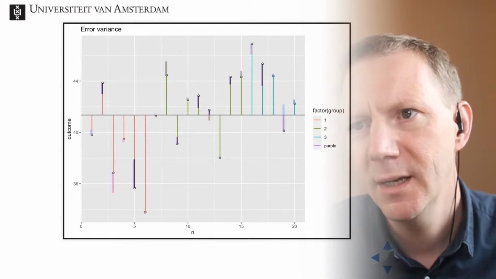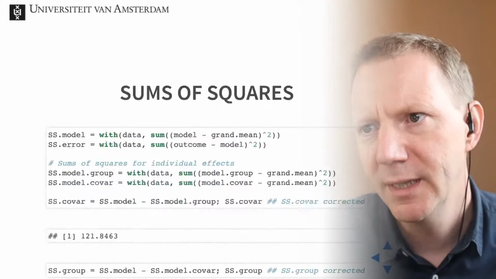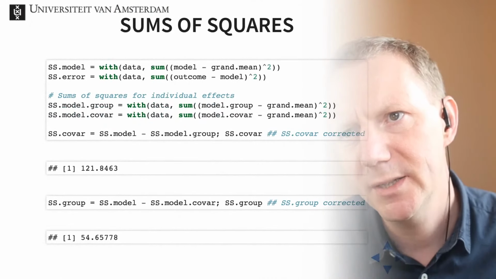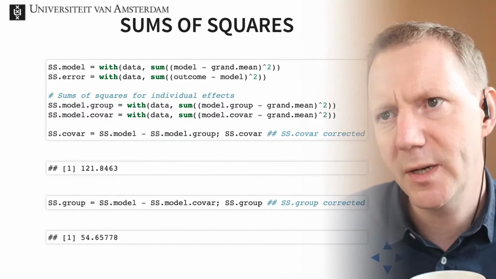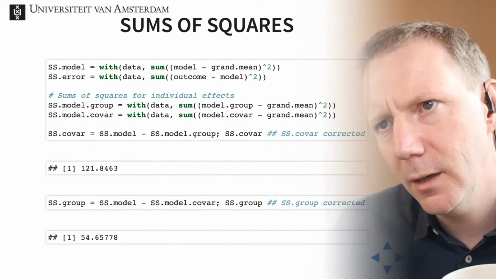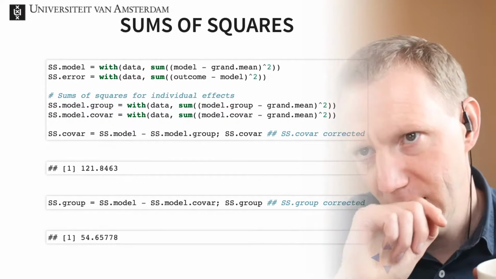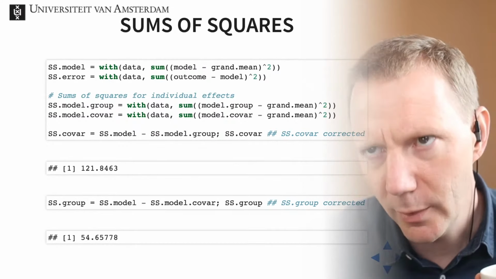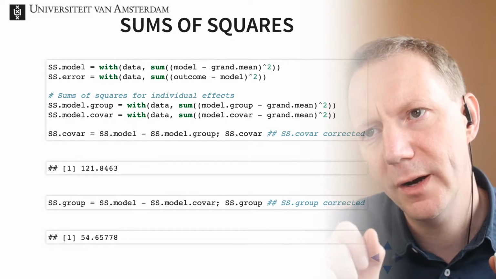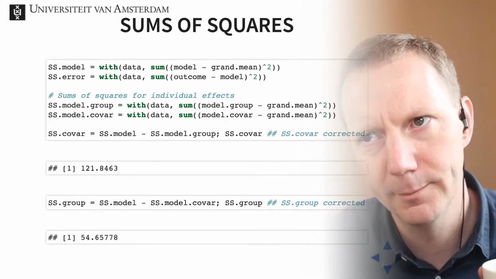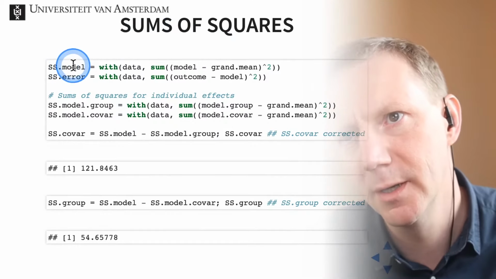So in the final step, we'll be calculating the sums of squares for a few things. First off, we have the sums of squares for the model, and with the model, I mean the total model, where we combine the covariate and the grouping variable. So that's this one.